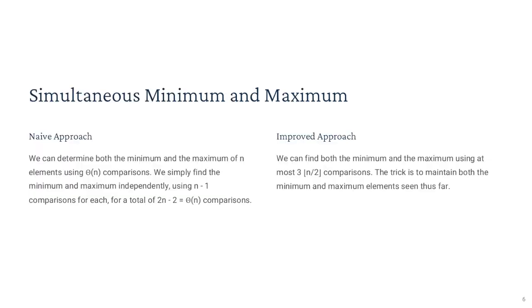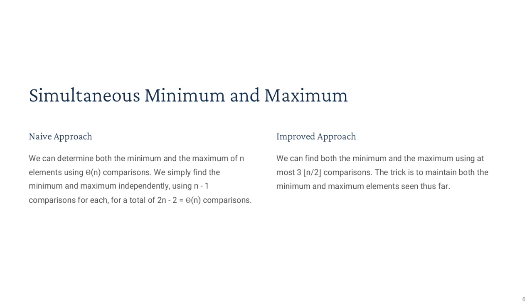When tasked with finding both the minimum and maximum elements, processing the input in pairs offers an improved strategy over the naive approach. Instead of performing n-1 comparisons each for minimum and maximum, which totals 2n-2 comparisons, this method reduces the total comparisons to 3 times the floor of n/2. Here's how it works.